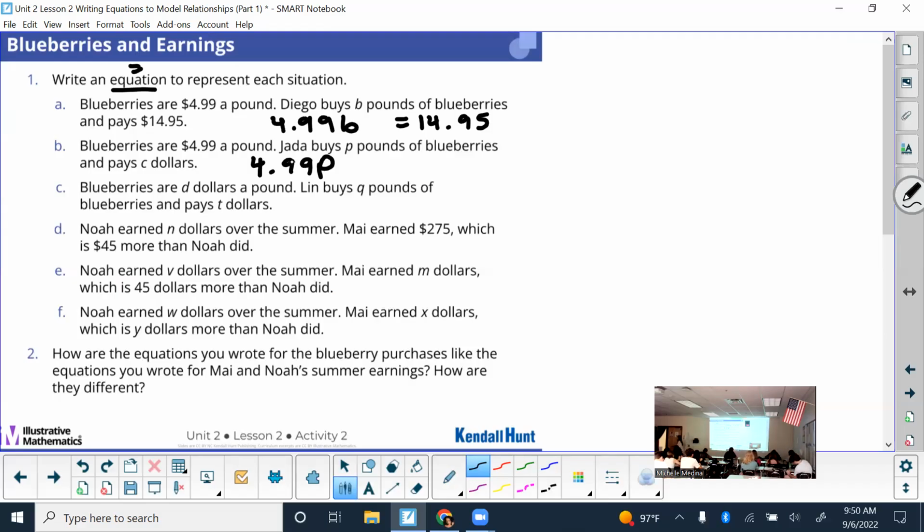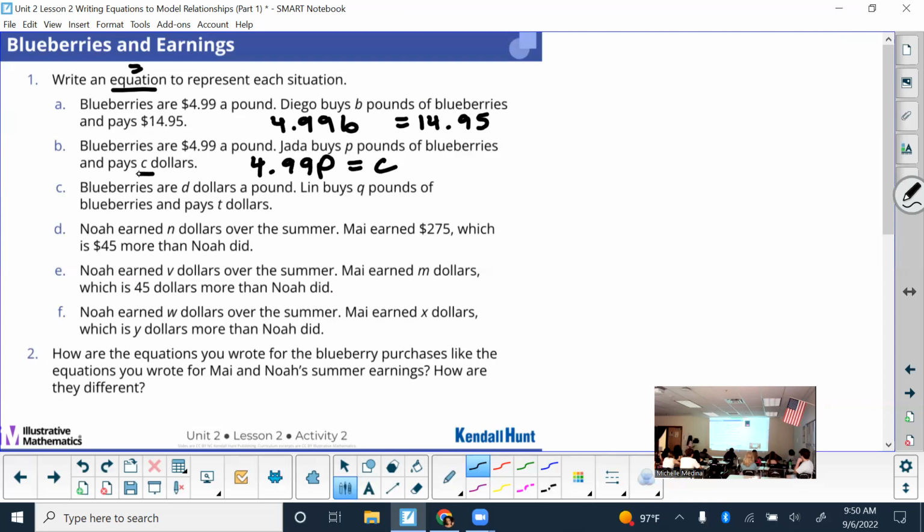And then what else would be there? Equals C. So this time, we don't know how much total she takes. So we're labeling it a variable, and they told us to label it with C. Questions so far?